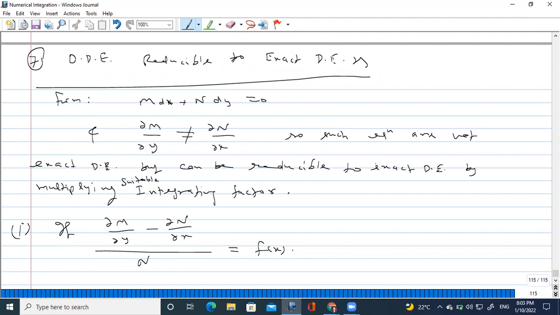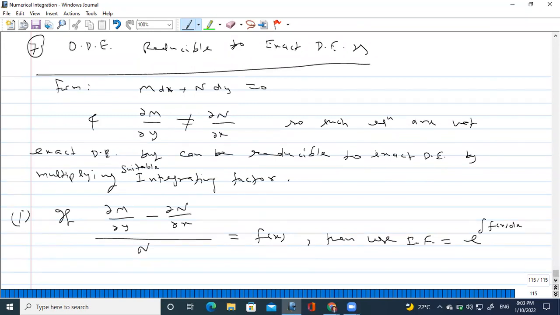Okay, if this is some function of x, then use integrating factor as e to the power integral f(x) dx. So this is one condition. And if it is equal to f(y), then you have to use the integrating factor for that. So that's why I am telling you the word suitable. So multiplying with suitable integrating factor.